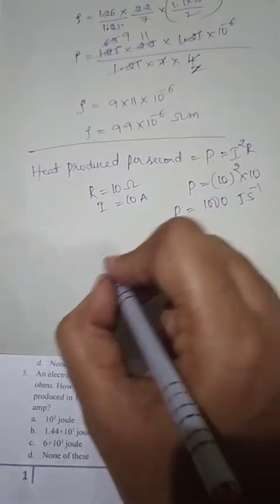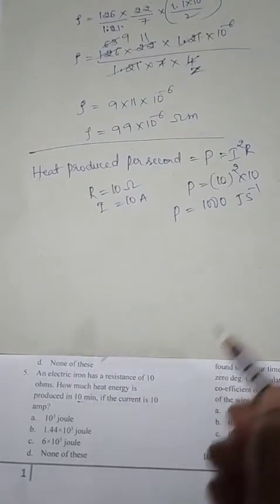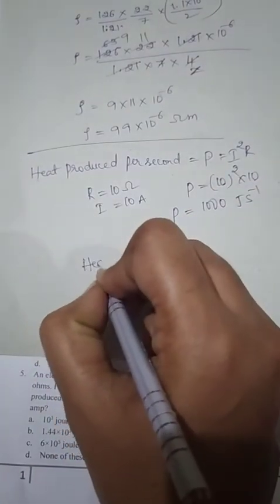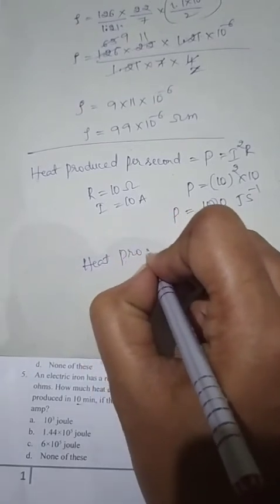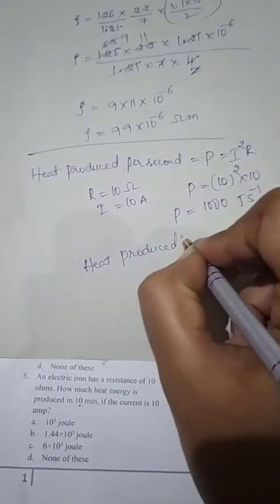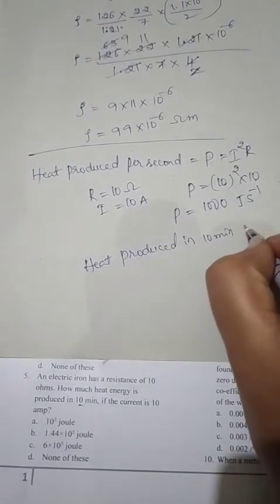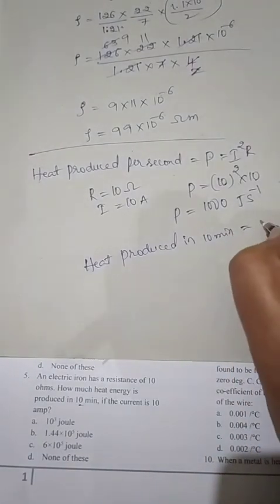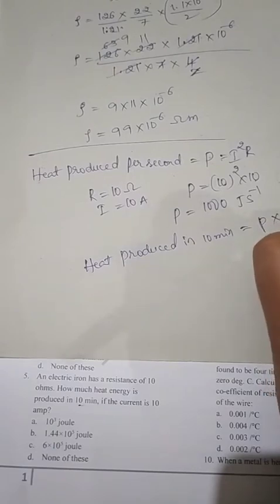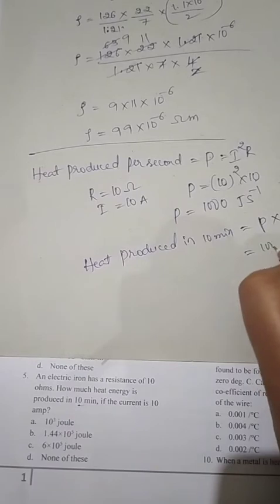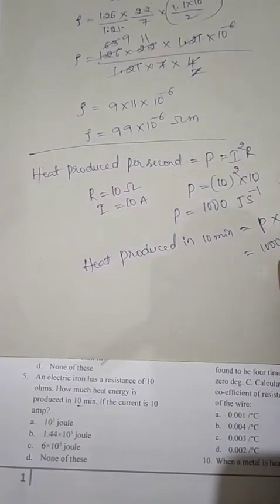Now, heat energy produced in 10 minutes means heat produced per second into time. T will be 10 minutes. 1000 into 10.